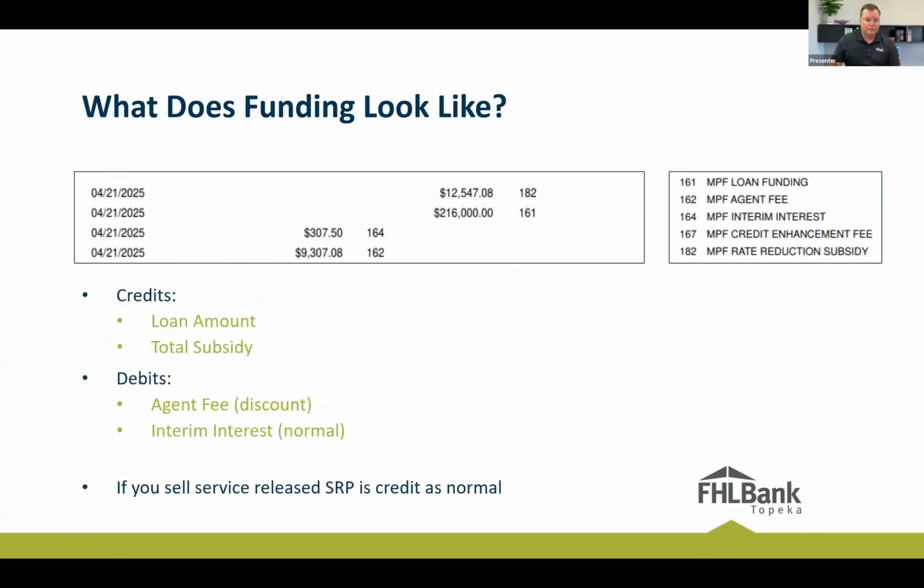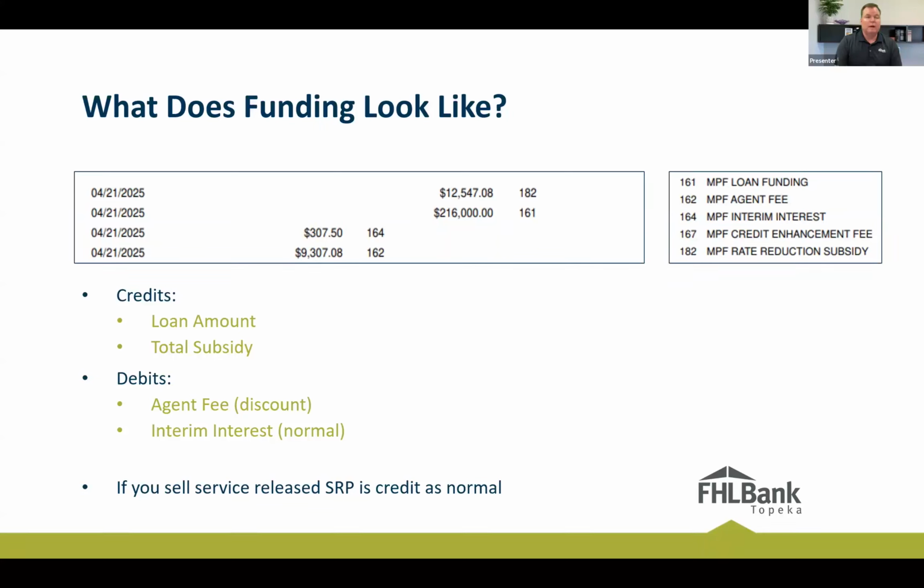So if we look at how this looks, this is an actual memo posting on your DDA. If you have an accounting department, this is exactly what they will see. You will see the credits, and the credits are on the right side of this. You see the credit for the 12,547.08 and the credit for the 216.